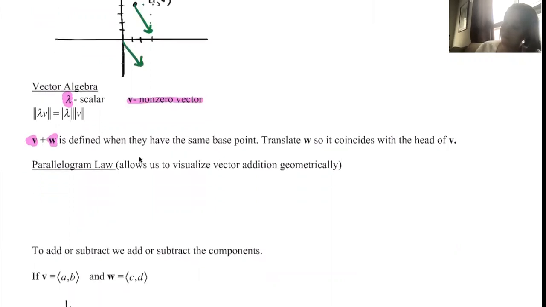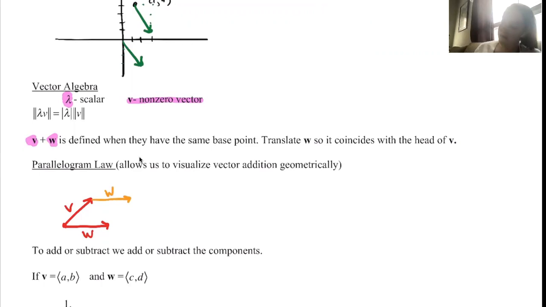But if you have something like V and W, you can translate W so it coincides with the head of V. So you can actually take this piece and move it so that it's up here. Translate the W up to here. So now you have another way of adding them.